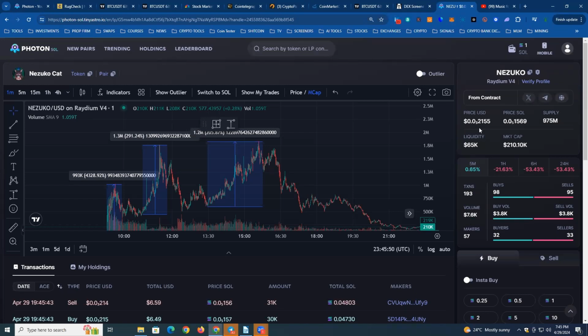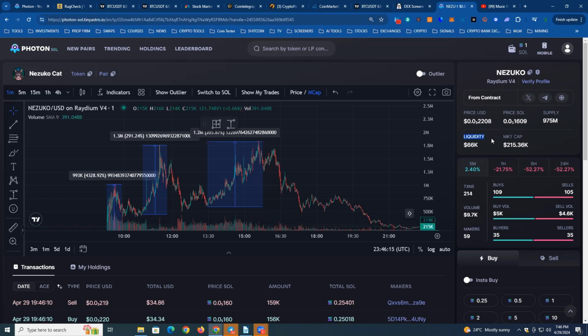The next thing, as a trader looking at this particular coin, you should note is that you want to pay attention to the liquidity. Ladies and gentlemen, this is very, very important. This is extremely important. You do not want to invest in a coin that has liquidity less than $10,000.